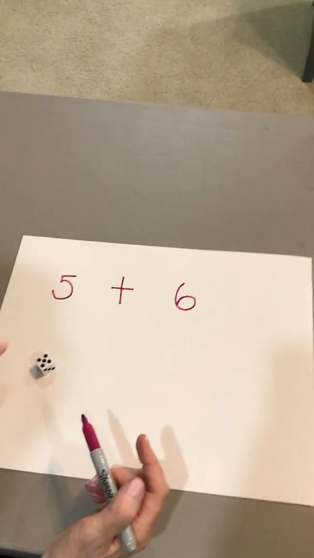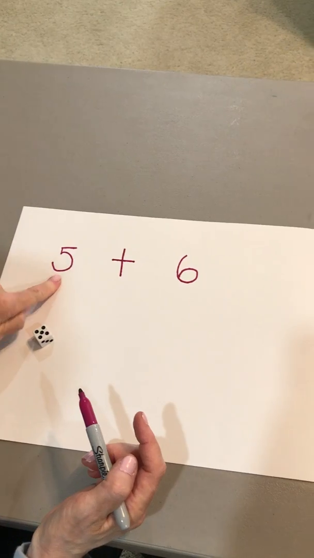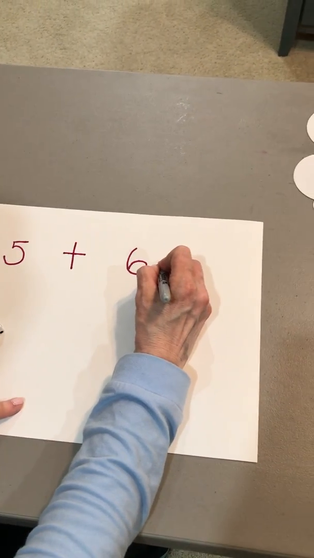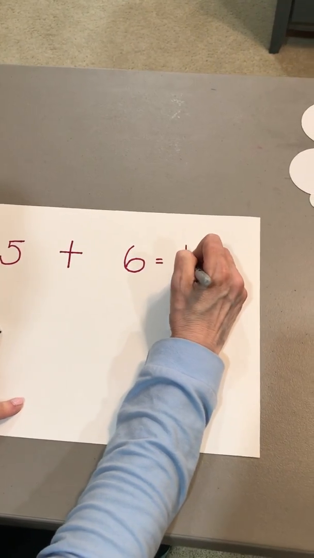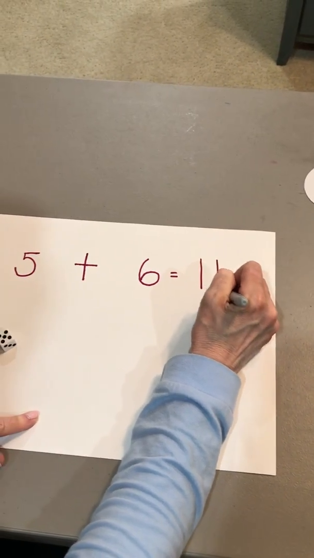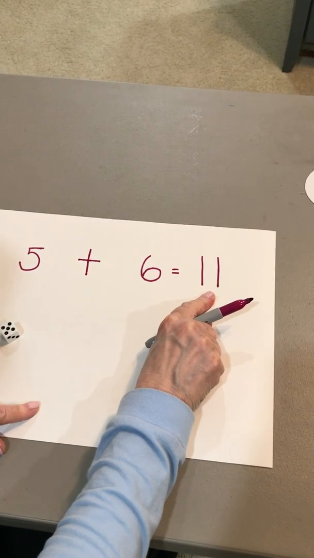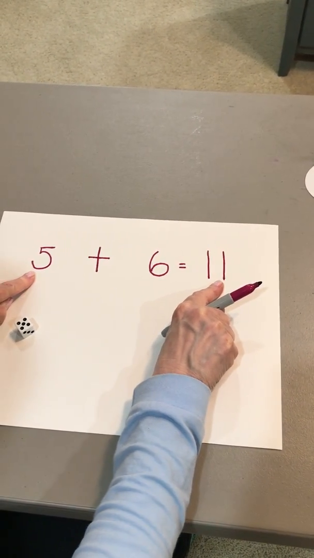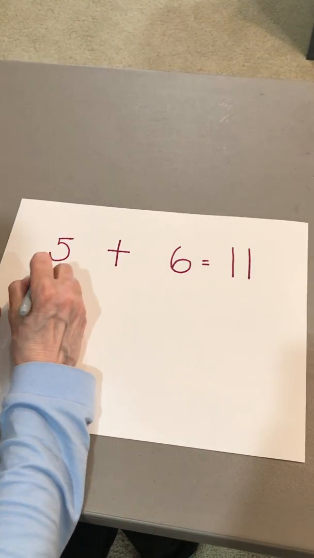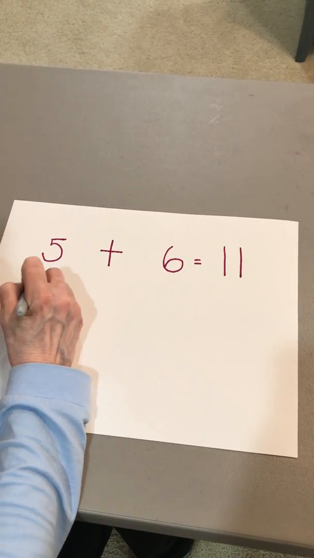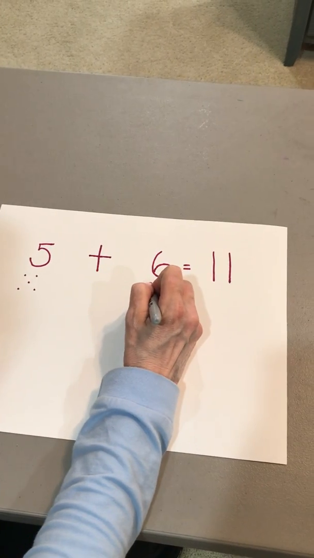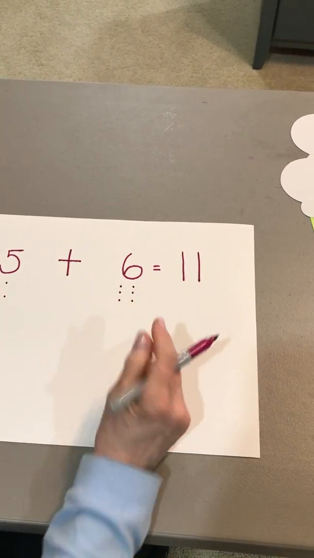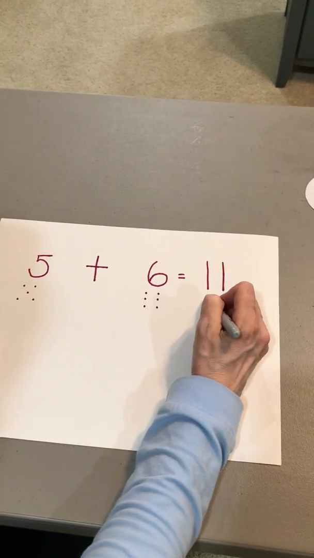So we read this 5 plus 6, and that equals 11. That's a very big number, okay? 5 plus 6 equals 11, because the 5 dots plus the 6 dots equal 11 dots.